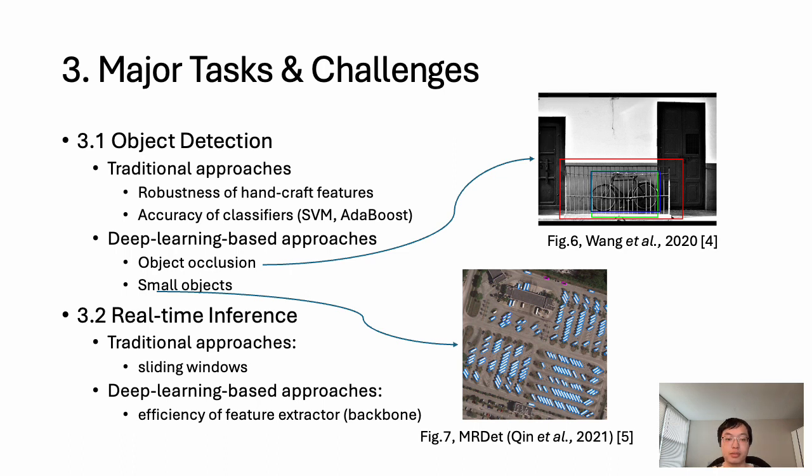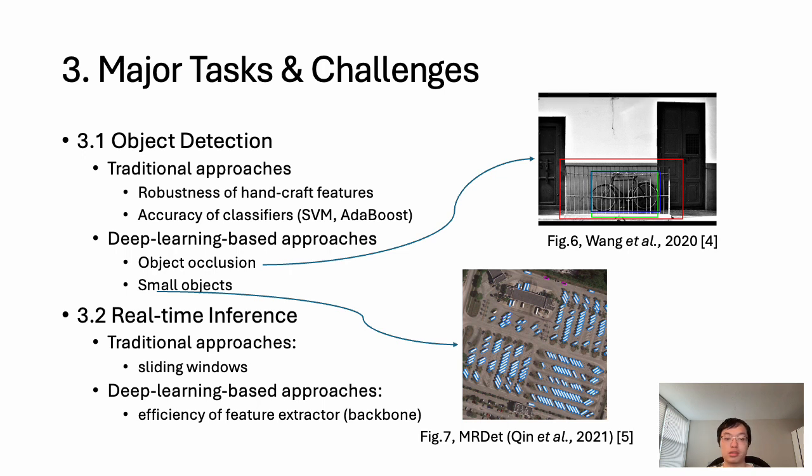And the second is the deep learning-based approaches. One of the research areas is object occlusion, shown in figure 6 on the right side. Another one is small objects in figure 7, usually applied in remote sensing.